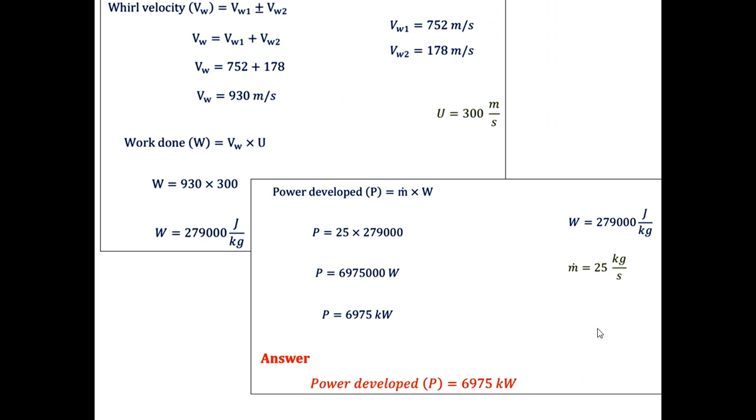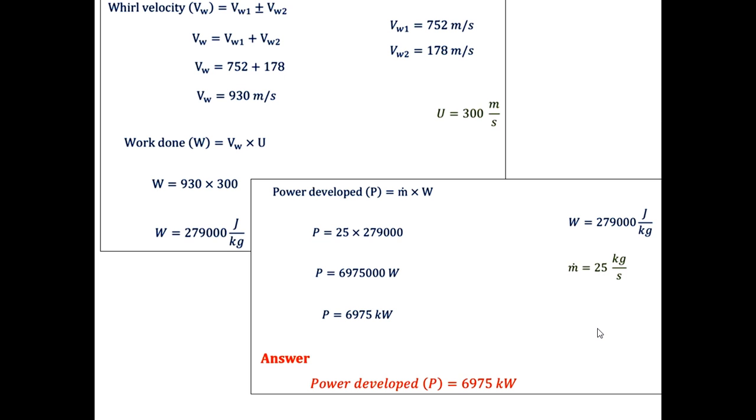So by this you will find the sum of VU, or I can say delta VU, is 930 meter per second. So for work done, we are going to consider 1 kg, with or without mass, U into delta VU. So U into delta VU is nothing but 300 into 930.